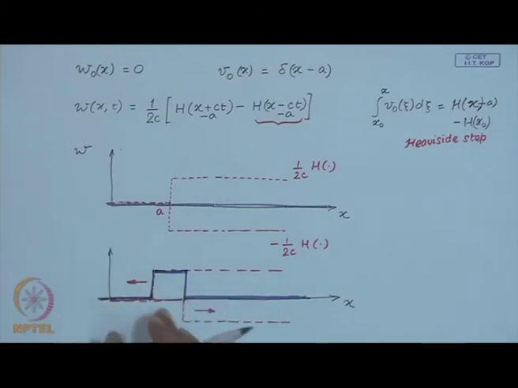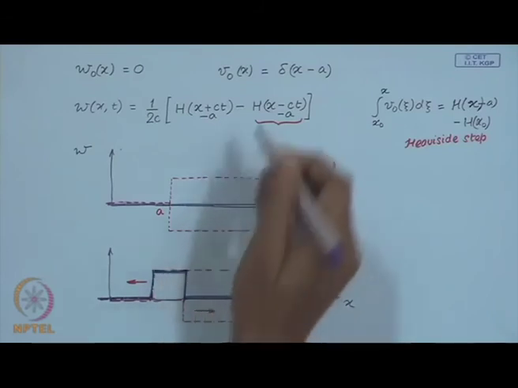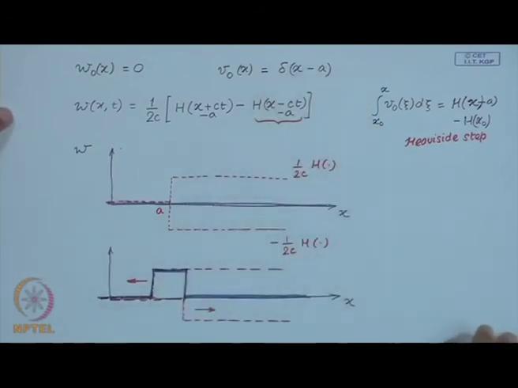Now, instead of an impulse, because impulse is a little difficult to produce exactly, if you produce a distribution, then that pulse shape is going to change, and this we have seen as an example of a string with initial velocity distribution in one of the previous lectures.